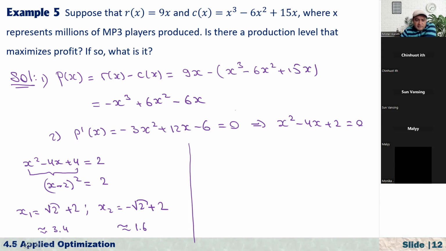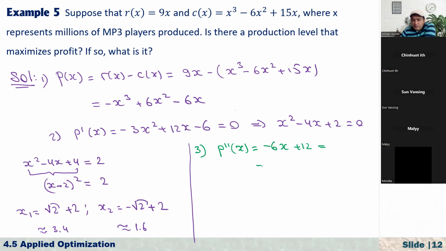So next step is change the color here. Say this 1, 2, let's say it is 3. So p double prime of x is equal to, if you differentiate one more time, minus 6x plus 12, right?